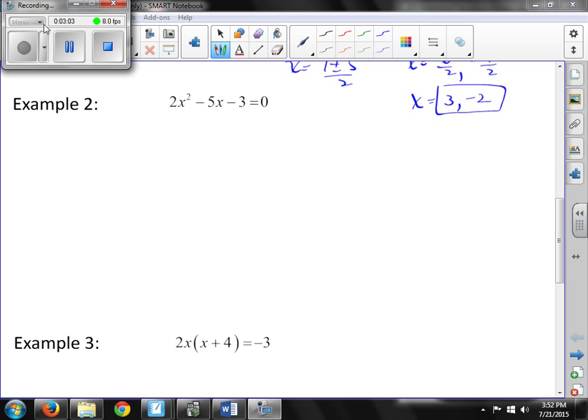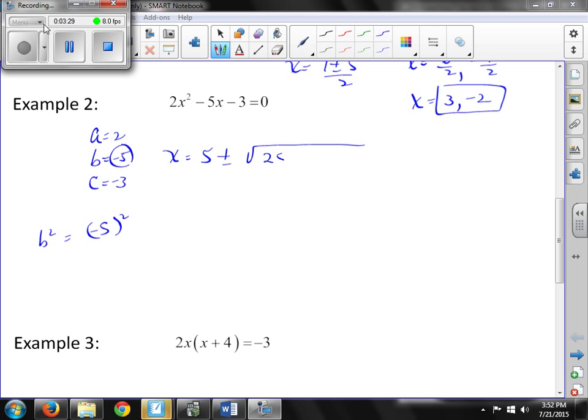Okay, our second example, we can look and pick out our a, b, and c. Our a is 2, our b is negative 5, and our c is negative 3. So we have x is equal to negative b, or the opposite of b, which would be 5, plus or minus the square root of b squared. So b squared is negative 5 squared, which is 25, minus 4 times whatever a is times whatever c is, and a is 2 and c is negative 3, all over 2a, and a is 2.